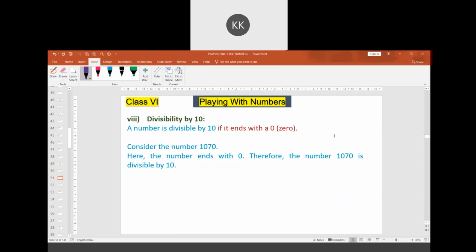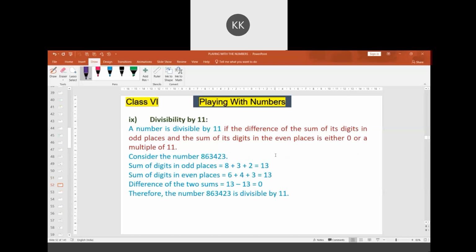Moving to the test for divisibility by 10. If the number ends with 0, all those numbers are divisible by 10. Test for divisibility by 11. It is a little interesting. We need to look at the sum of the digits in even places and odd places.